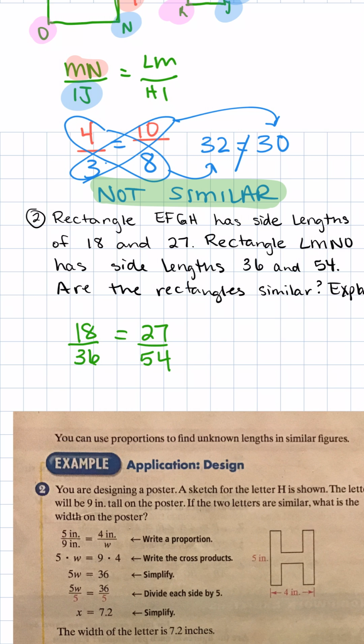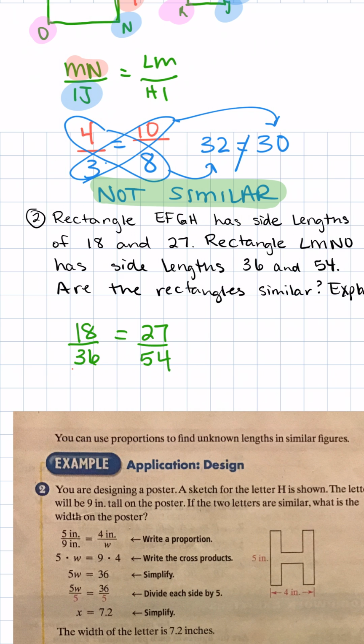I put the lengths of the bottom rectangle on the bottom: 18 is smaller than 27, and 36 is smaller than 54. That's how I set them up.